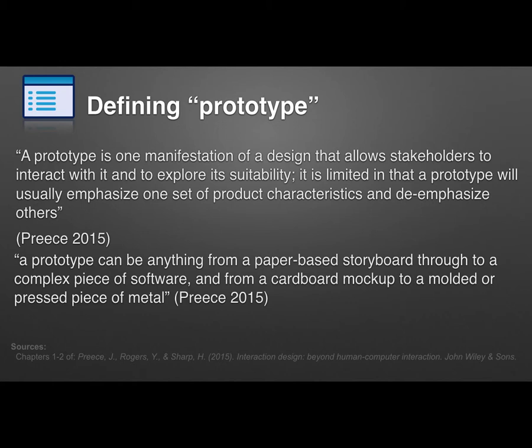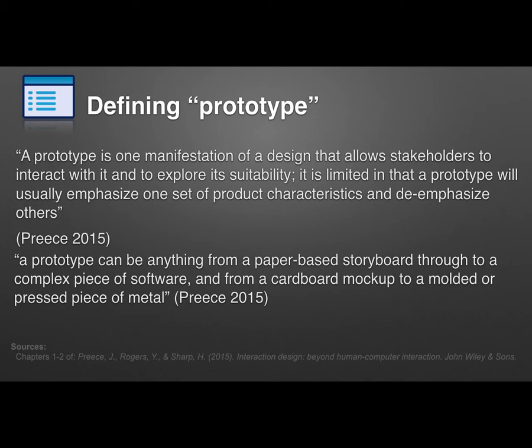So there are quite a few different definitions that are offered in human-computer interaction. I pulled these two from Interaction Design, the textbook. And so they both kind of say that a prototype is really whatever you need it to be or whatever you want it to be.